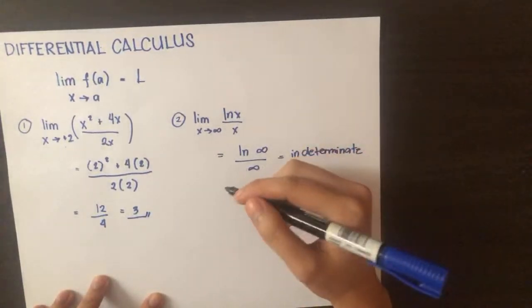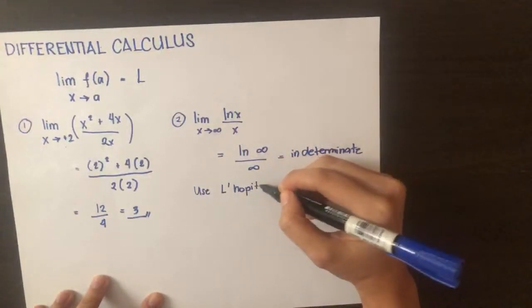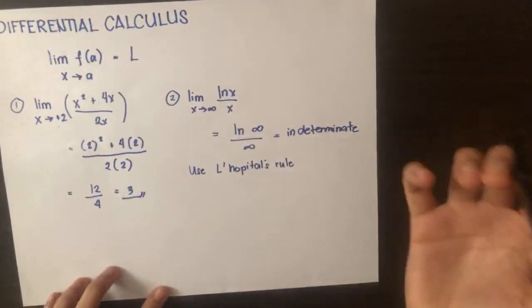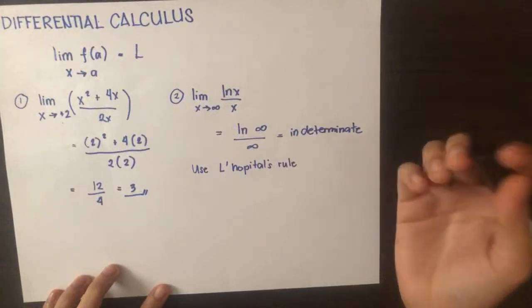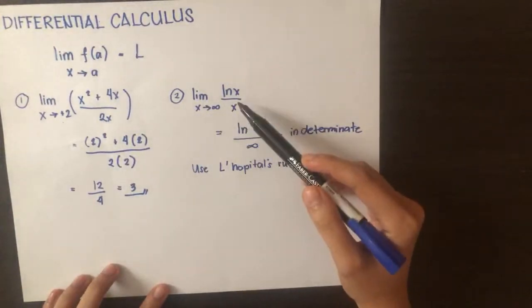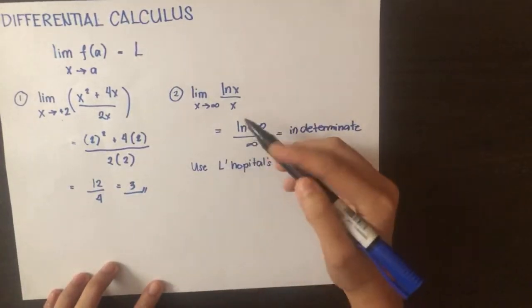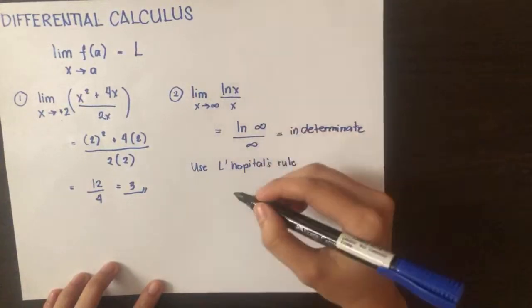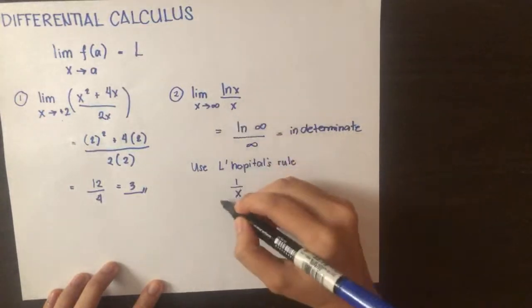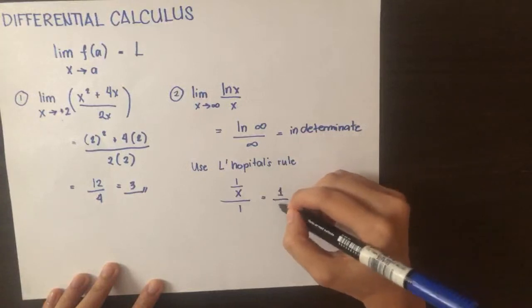So, what we do is we use L'Hopital's rule. Ayan. So, L'Hopital's rule, kinukuha niya yung derivative ng numerator and yung derivative ng denominator. So, differentiating, we have derivative ng ln is 1 over x, and the derivative of x is 1. So, ang function lang natin is 1 over x.